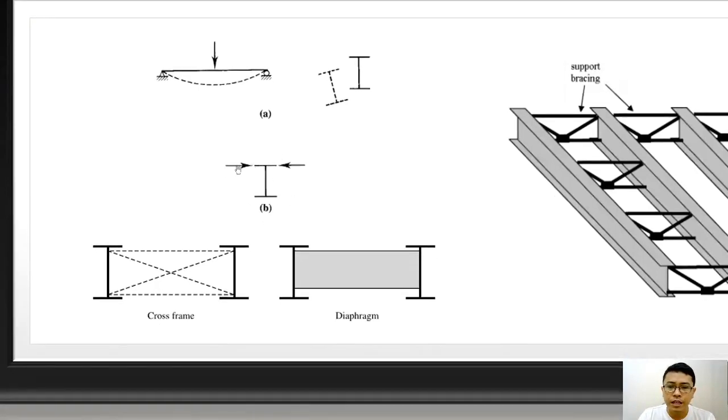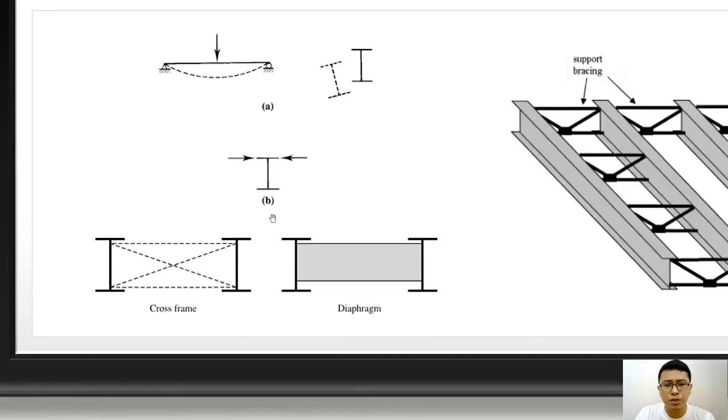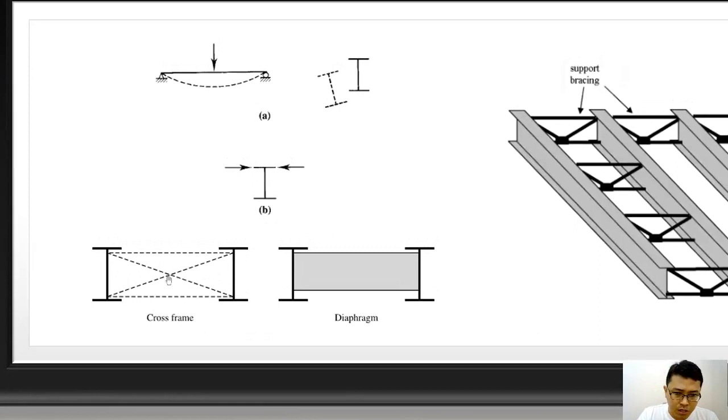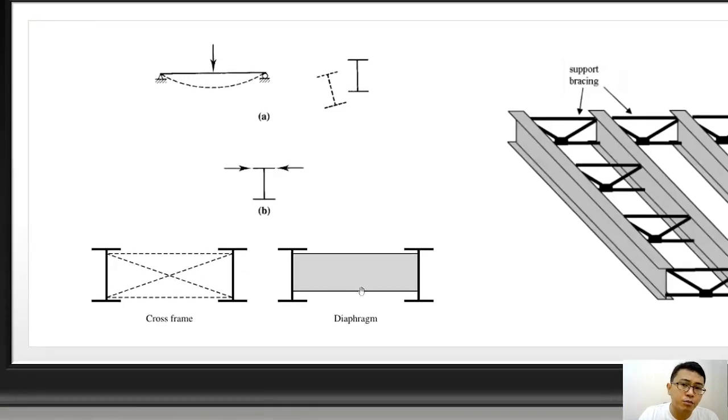Or if it's not attached onto the compression flange, sometimes we use cross frames, which directly connect the flanges between adjacent beams to prevent this torsional buckling from happening. Or sometimes a diaphragm is used, which is a plate that connects them at specific portions.